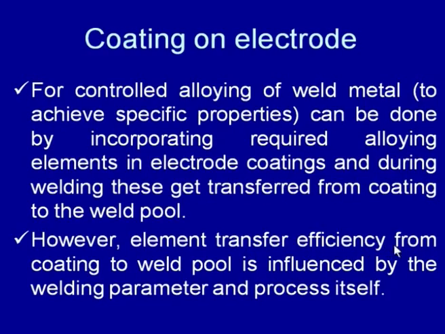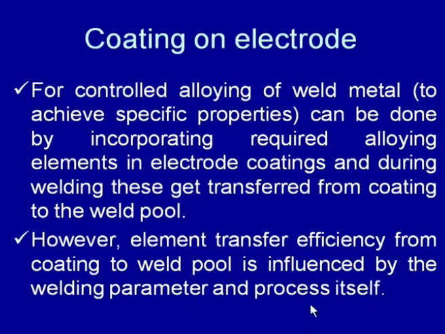So, for controlled alloying of the weld metal to achieve the specific properties, this is done by incorporating the required elements in the electrode coatings, and during the welding these get transferred from the coating to the weld pool. However, the transfer efficiency of these elements from the coating to the weld pool is influenced by the welding parameters and the welding process itself.